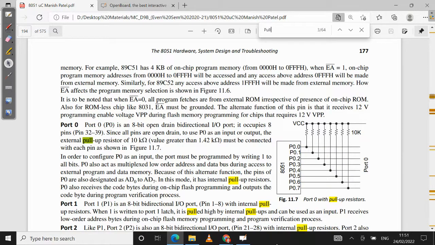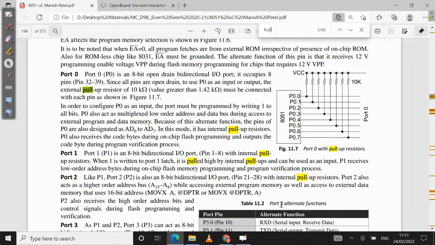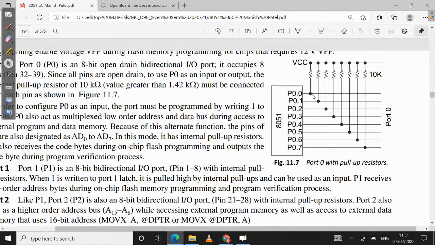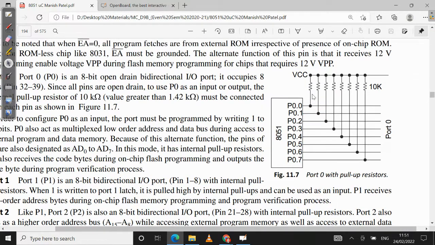See here, is the screen visible to everyone? Yes. So this thing I had left to explain to you, can you see here port 0 to port 7?